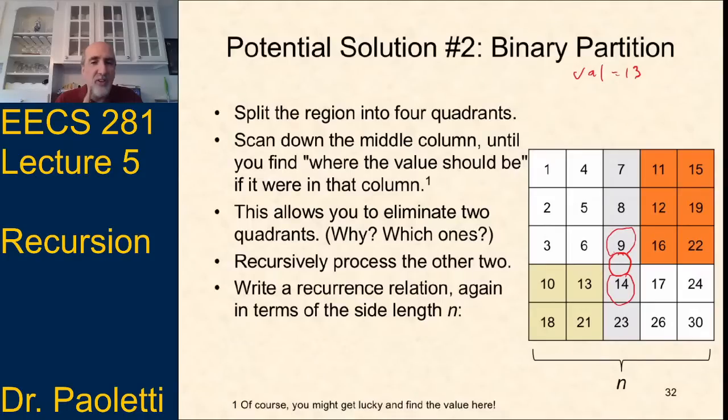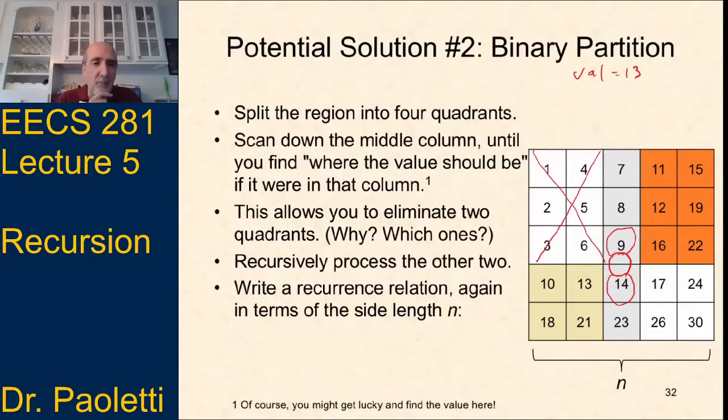Now, there's a 9 above me. 9 is smaller than 13, and I already know 13 isn't in the middle column, so I now know 13 can't be here. Because everything above me is smaller than 13, which means everything to the left of 9 has to be less than or equal to 9. So it can't be there.